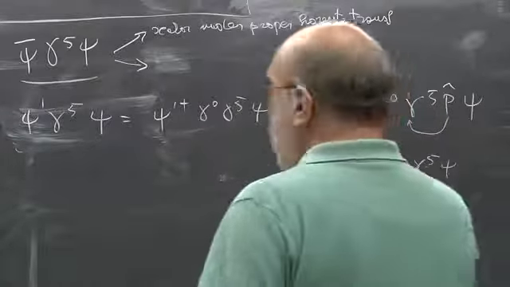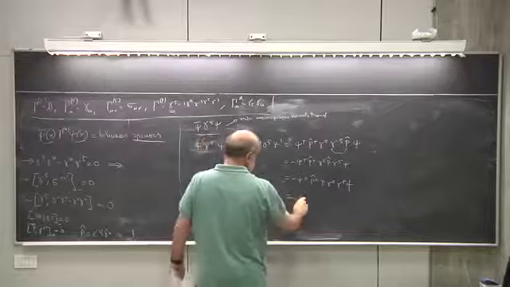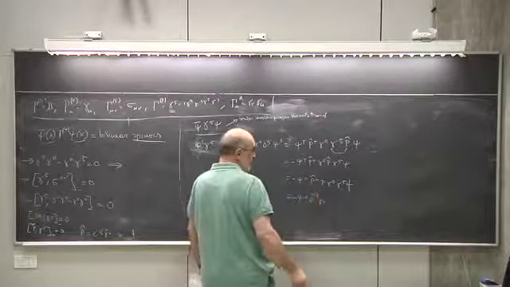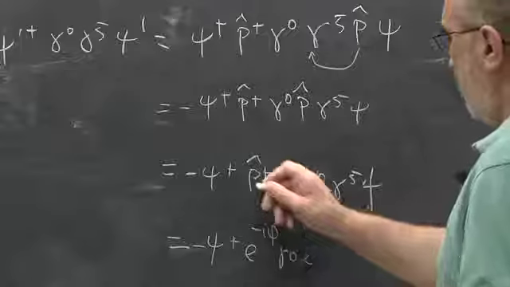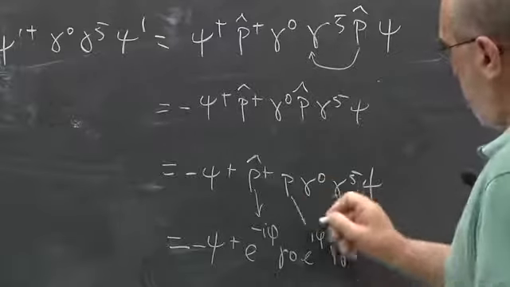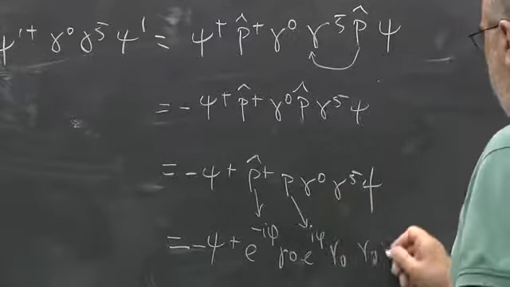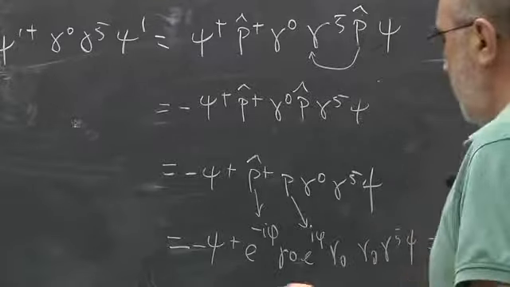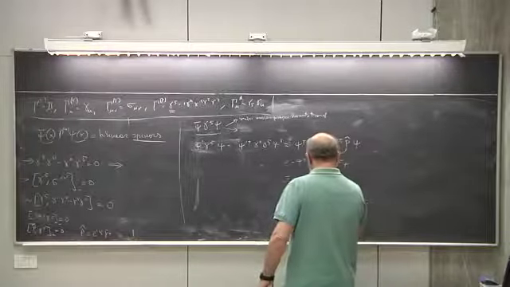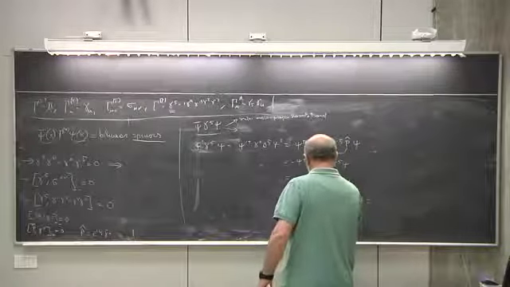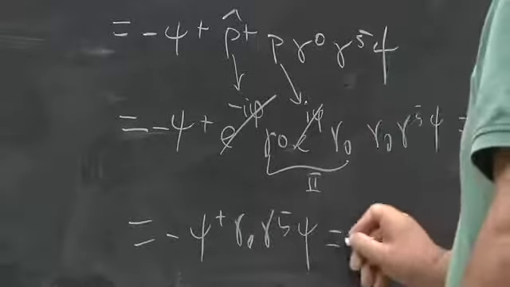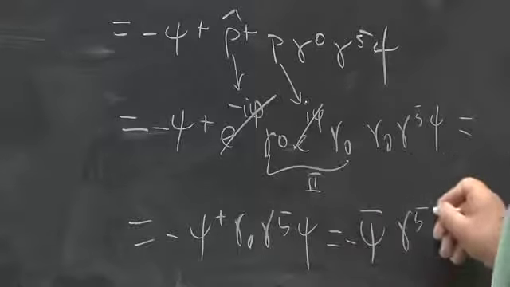Now P dag, let's see what is P dag: it is e to the minus I phi gamma 0 dag, that is gamma 0. Then I have e to the I phi gamma 0, that is this object. Then I have gamma 0 gamma 5 psi. Now this and this cancel, this and this give me 1, and I have minus psi dag gamma 0 gamma 5 psi. But this is equal to minus psi bar gamma 5 psi.